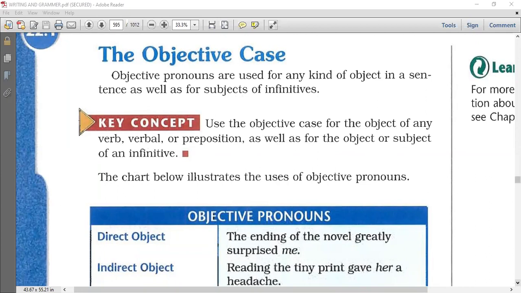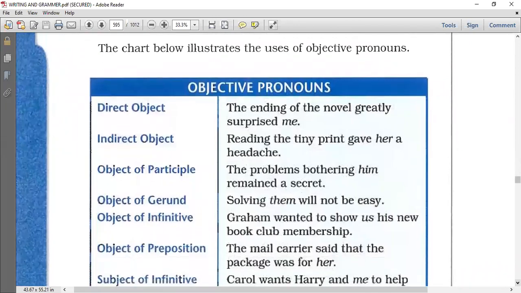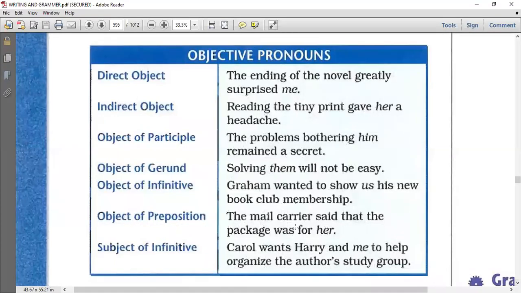The chart below illustrates the uses of objective pronouns. We have about 7, as you can see. As a direct object: the ending of the novel greatly surprised me. Here, the pronoun me is the object pronoun of the pronoun I. It's a direct object here. It followed the verb surprise.